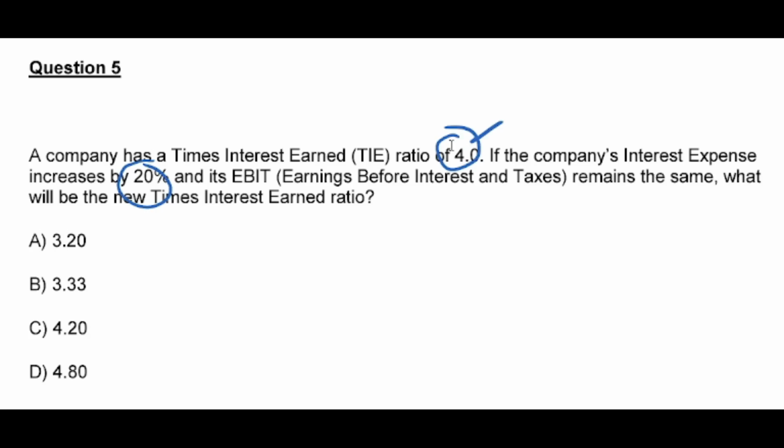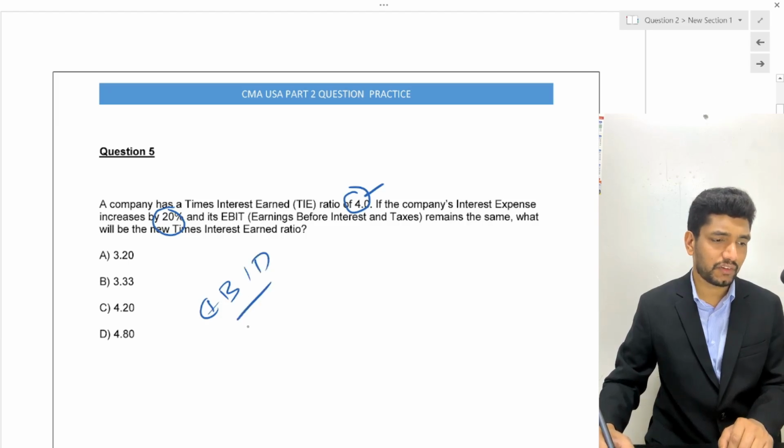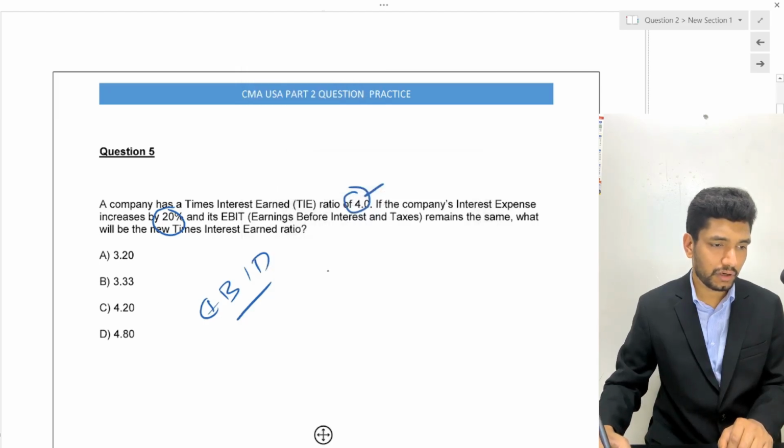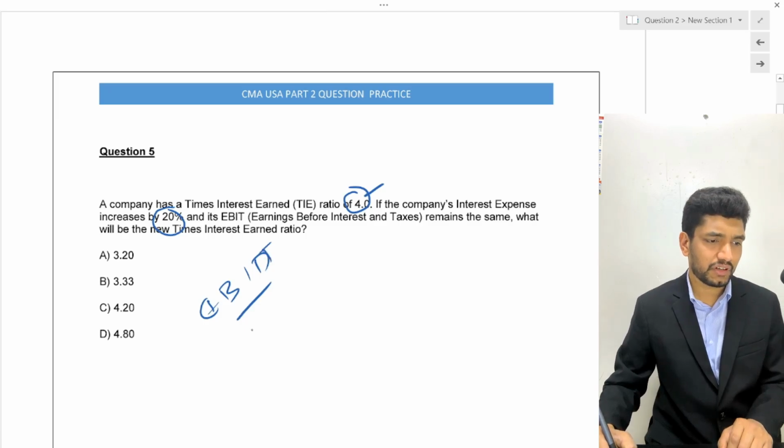So in this case, what you have to do is apply these numbers into an example. If the times interest earned is 4, we can create an example here. Just assume EBIT divided by interest expense is your times interest earned ratio.